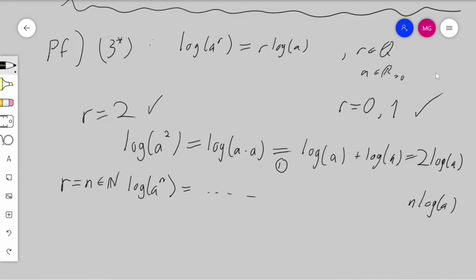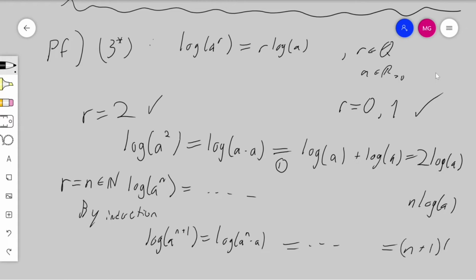Basically, the proof is by induction, and what you do is when you want to prove the case log of a to the power n plus 1, this equals log of a to the power n times a. And then you break it up just as we did and use the induction hypothesis, and this will end up equaling n plus 1 log of a.